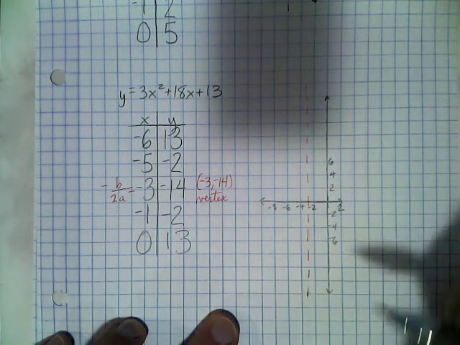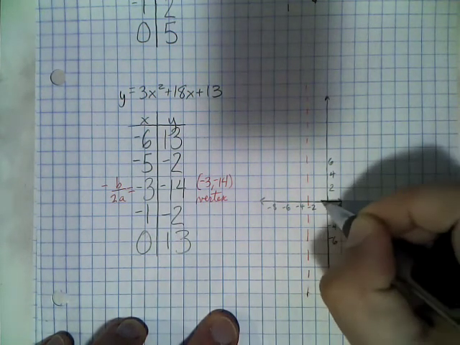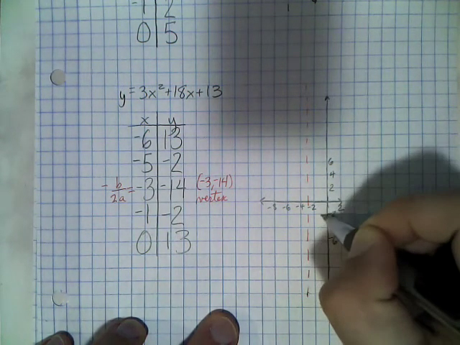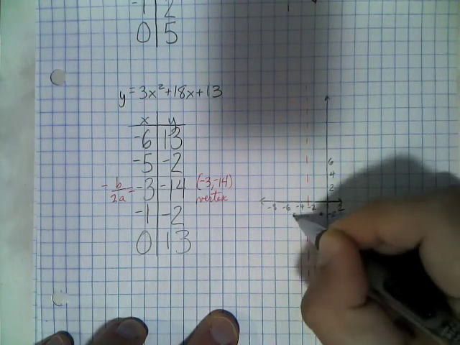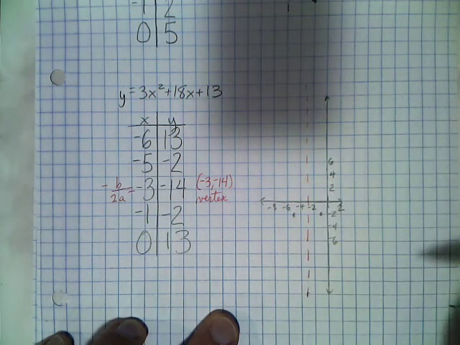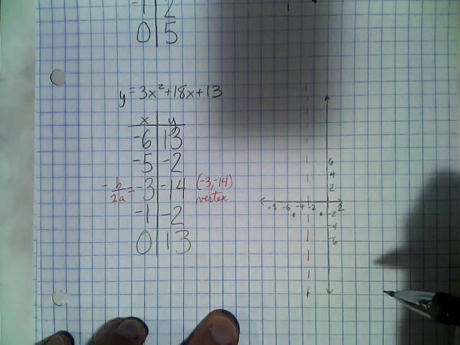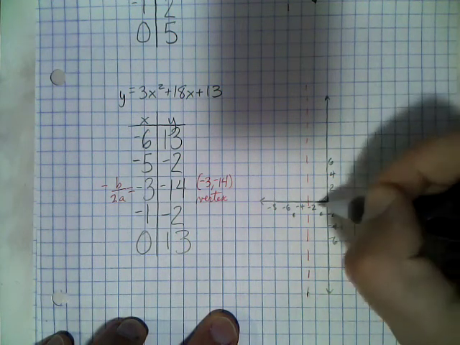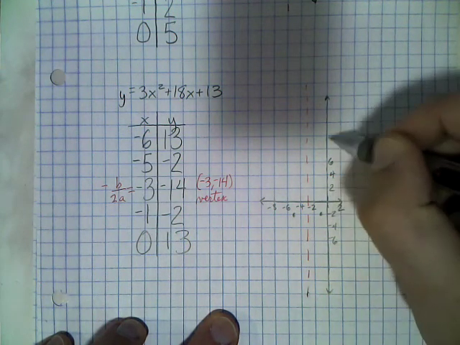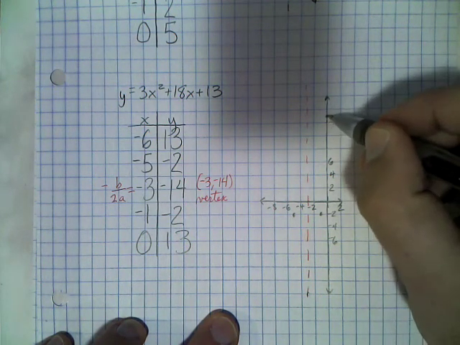So now at -1, so that's right there, I'd go down to -2. And so you can see symmetrically that's going to put our other point right there. And then finally, my y-intercept 0, 13, so 0, that's 6, so 8, 10, 12, 13.